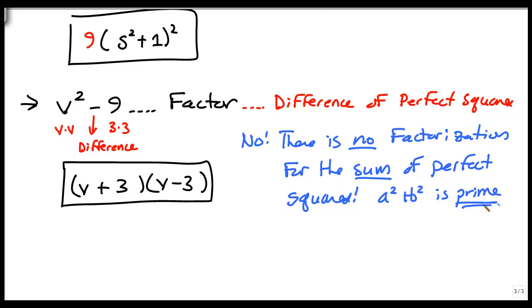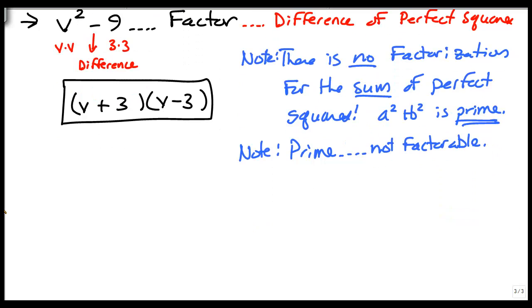Prime means it is not factorable. Let's do another note here. Prime, like a prime number like 2 or 5 or 7 or 11, it means they're not factorable. So saying something is prime is the same as saying it is not factorable.